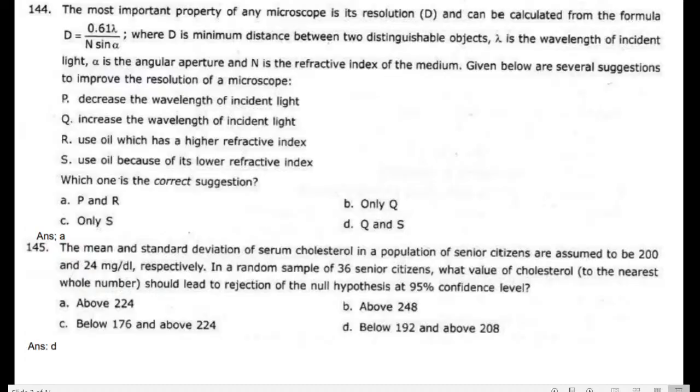The first question is all about the microscope. The most important property of any microscope is its resolution.